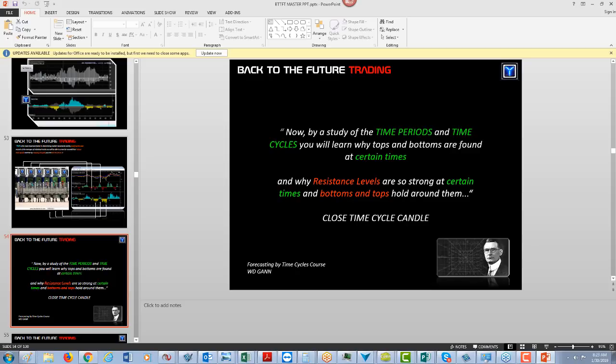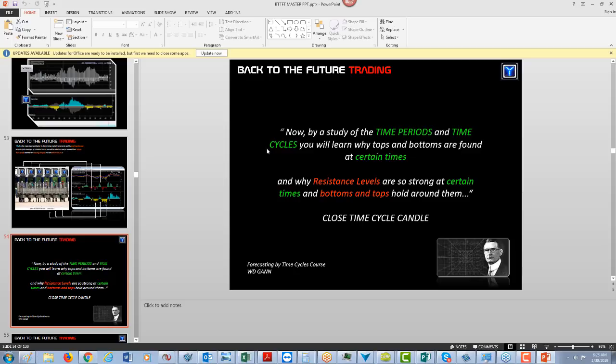I'll say that again. According to Gann, when you've identified a relevant time cycle, a resistance level is paired to that time cycle, coupled with it, entangled together.